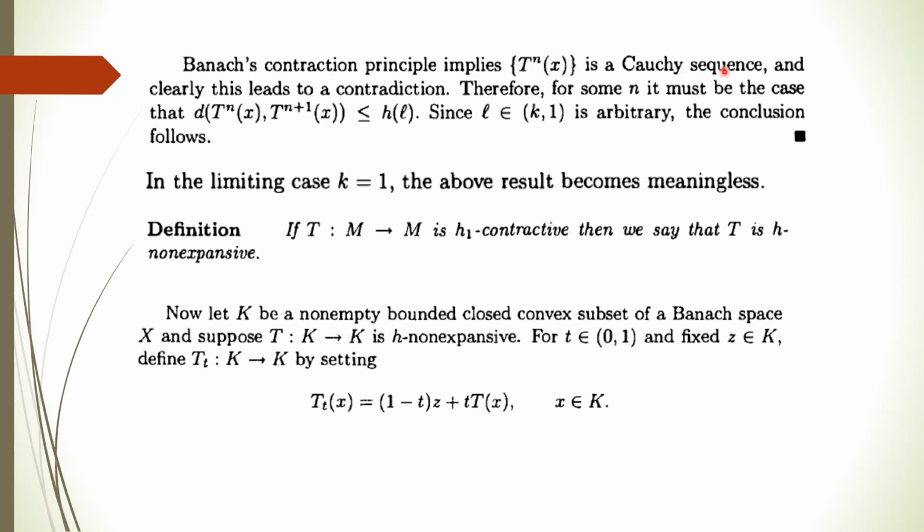This sequence should be Cauchy and it should be convergent, but it contradicts, so it means it should be less than hL, where L belongs to (K, 1). And this proves the result that when you take n going to infinity, with x and T of x, the minimum of this distance is less than or equal to hL. But when you put the max value of L, this will be less than or equal to W upon 1 minus K.